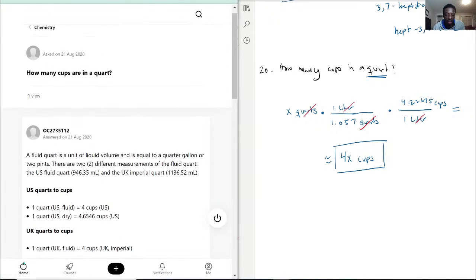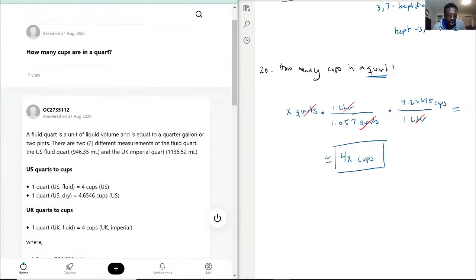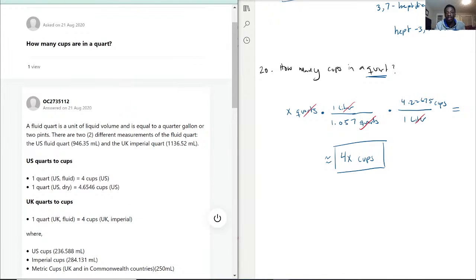The key thing here, though, to understand is that, based on where you're residing and everything else, you want to make sure that whatever conversion sheet you're using is the one typically provided to you by your teacher, or in your textbook, because as you can see here, there's definitely different types, like even considering whether it's dry versus whether you actually have fluid.